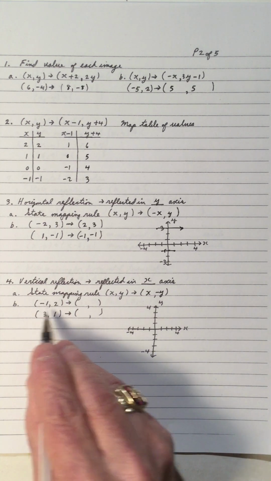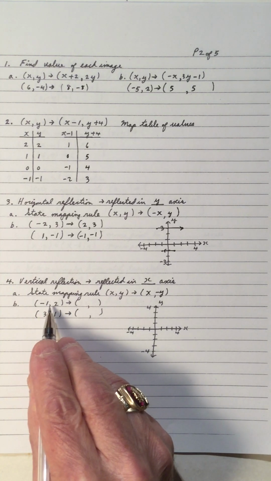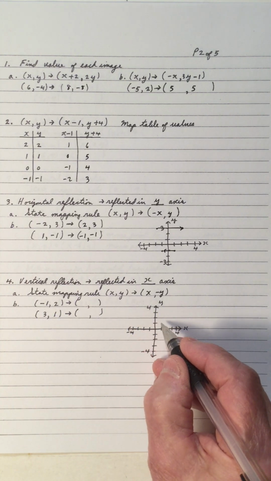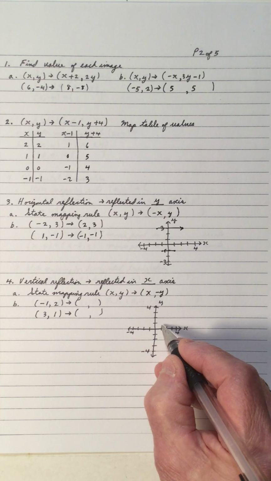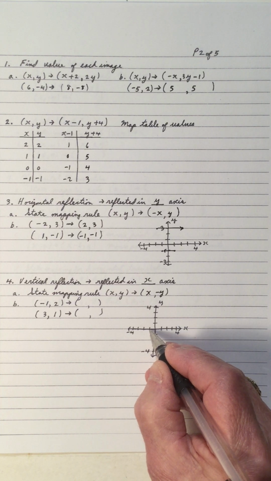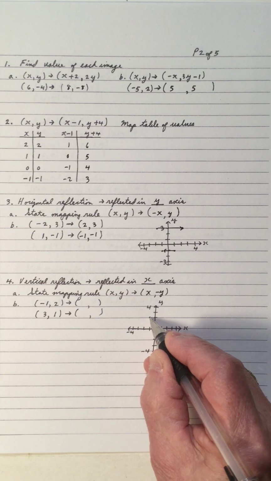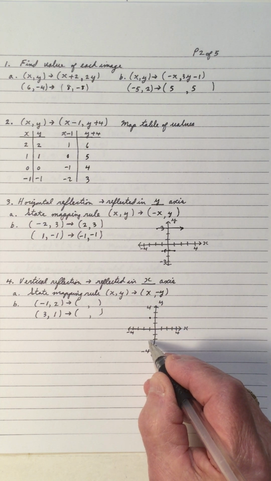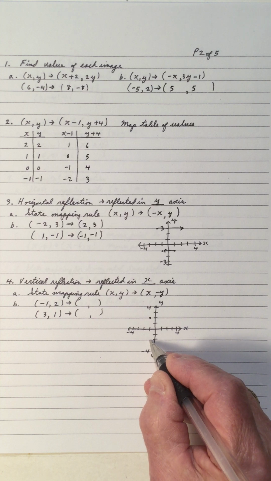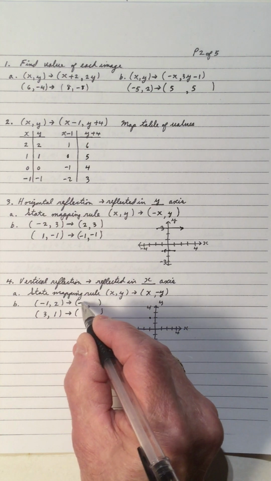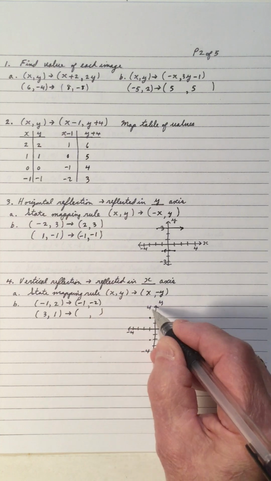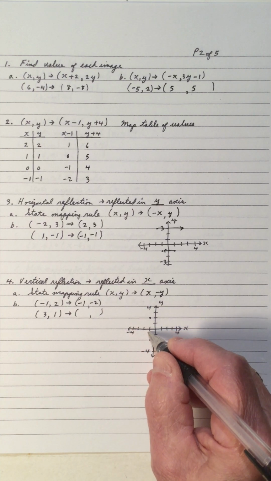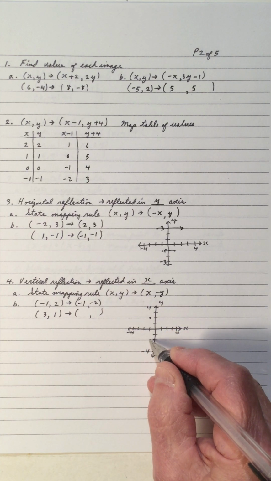So if you have, again, a vertical reflection, you don't change the x. So x is negative 1, y is 2. That's right there. So when you reflect vertically, you're going to negative 1, negative 2. So the x stays the same, but the y changes.